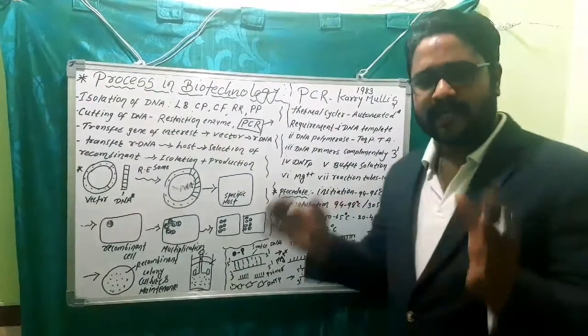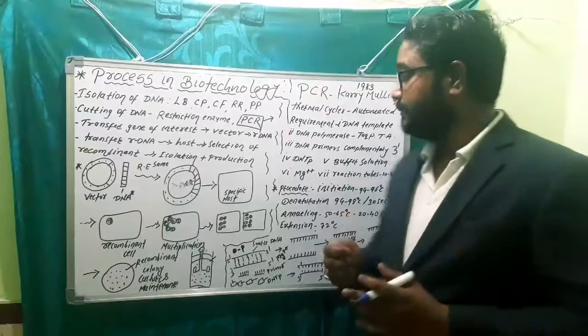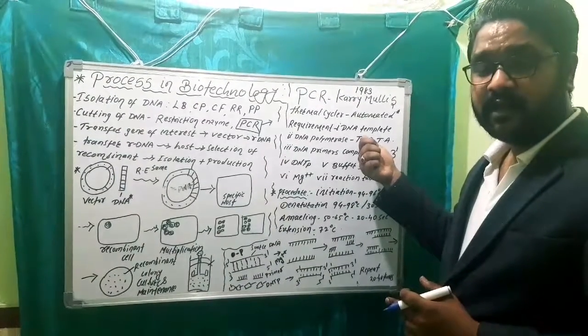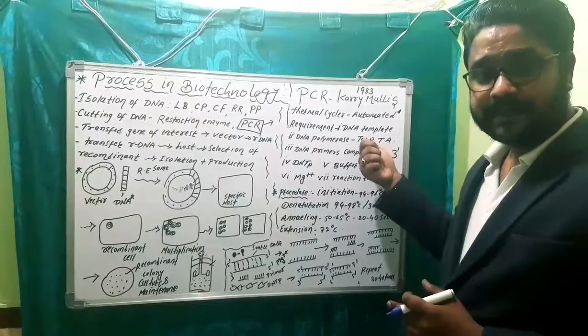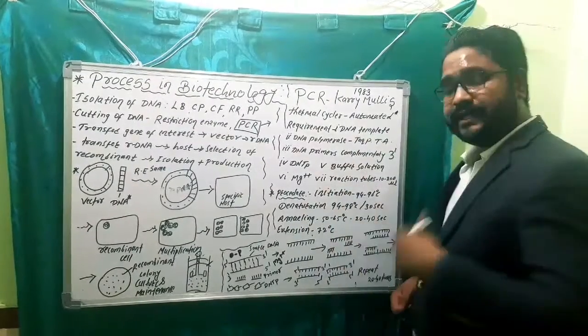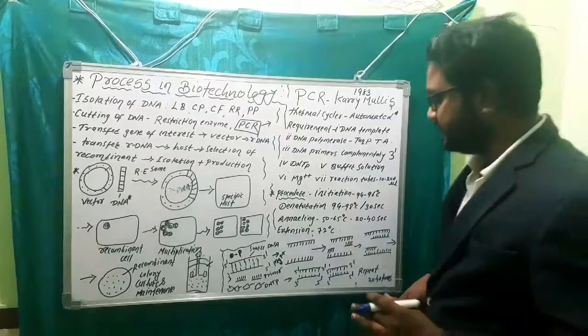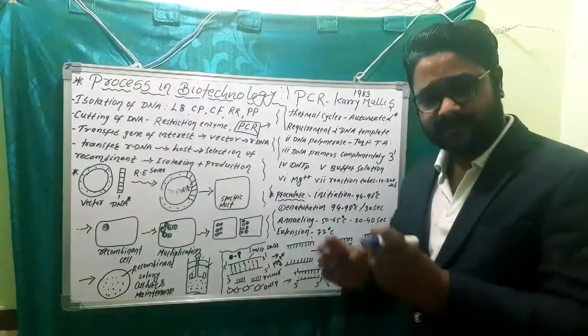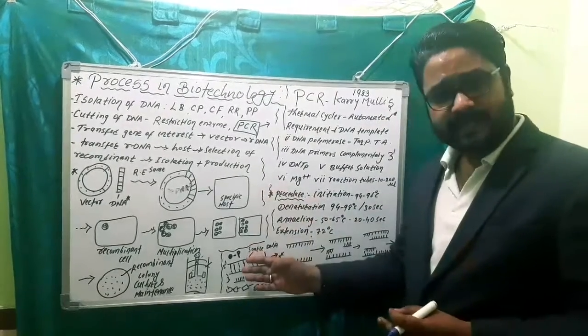Initially, we heat the sample to make it compatible, or adjust, for the enzyme Thermus aquaticus, because it is a high temperature functioning enzyme. So we initiate, and that is done at 94 to 96 or 98 degrees Celsius. Then denaturation. Denaturation means simply separation of the two different strands of the DNA template.